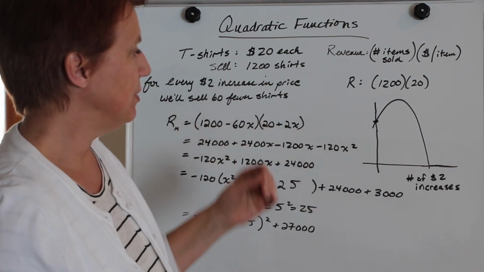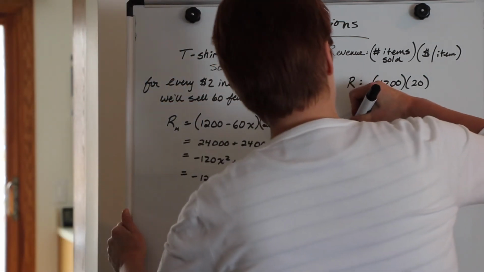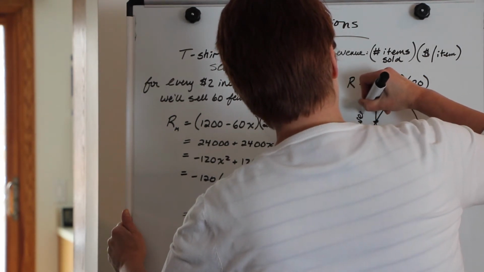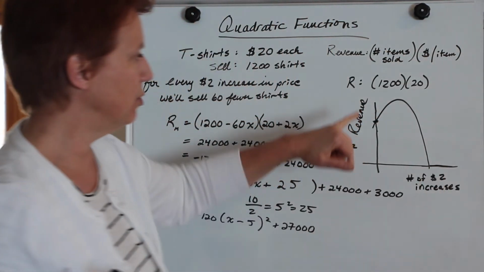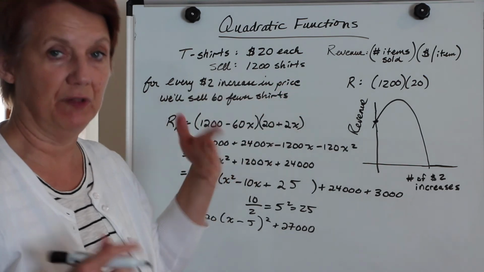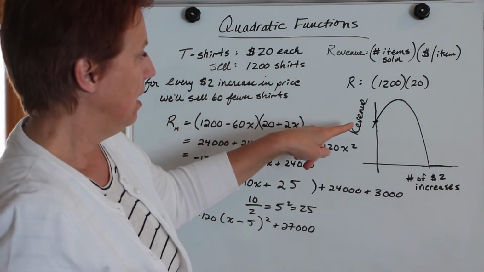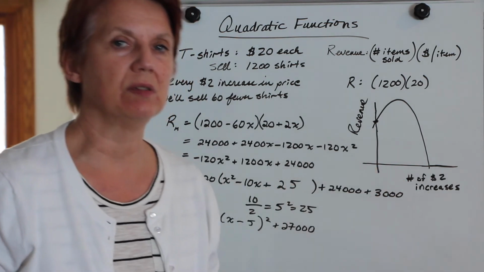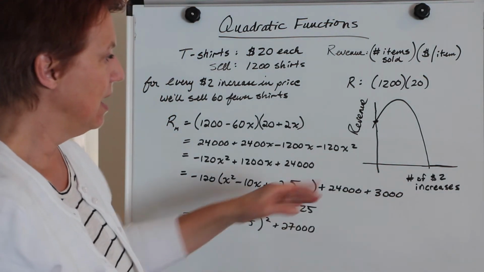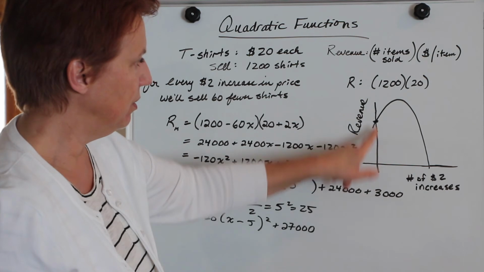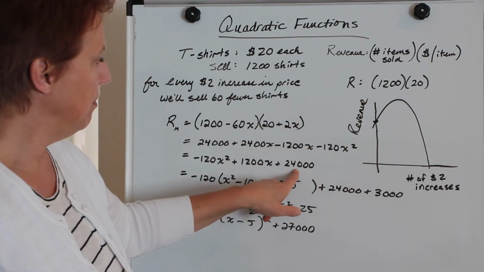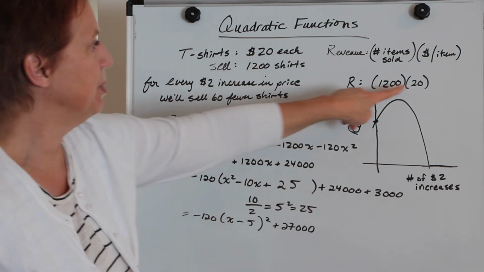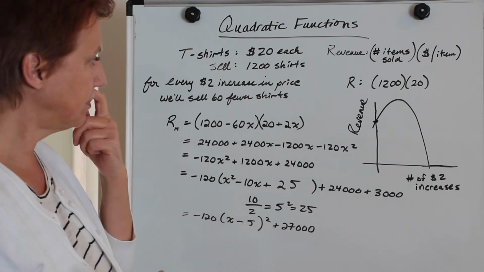It actually represents the revenue, because that's what you're graphing. That's what the function is all about. It represents what your revenue is if you do not increase the price. That makes sense. If there are 0 $2 increases, you're still going to make 24,000. You'll make what you've always been making all along.